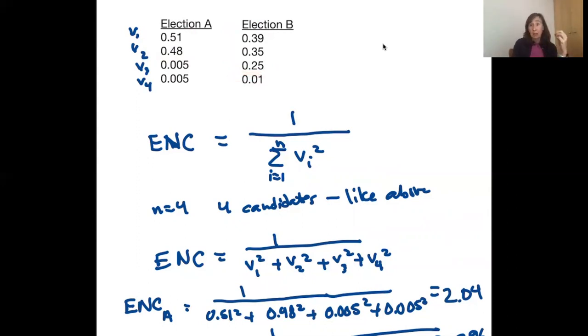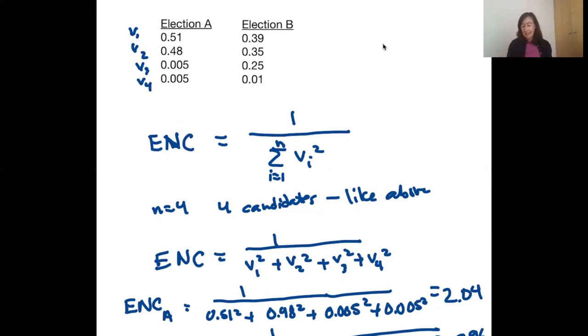And indeed, if we did this with exact 50-50 vote share split, you'd get exactly 2.0 as your effective number of candidates. If you had a third, you'd get exactly 3. If you had a fifth, you'd get exactly 5. So the ENC formula, when elections are perfectly balanced, does give the correct integer answer.